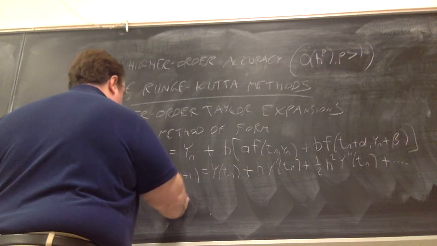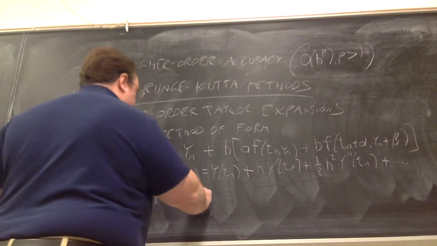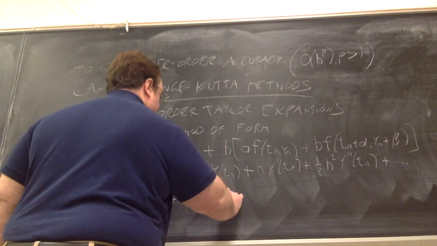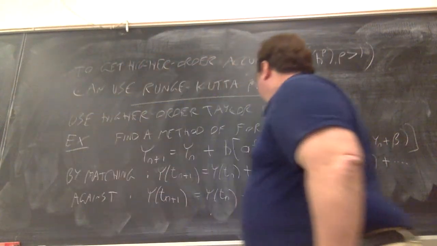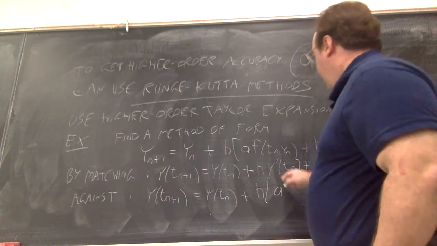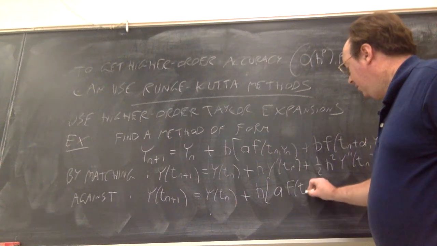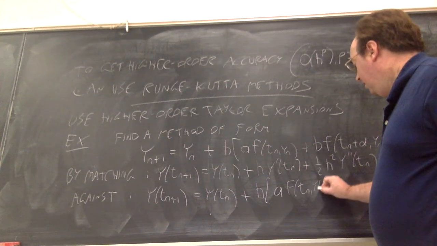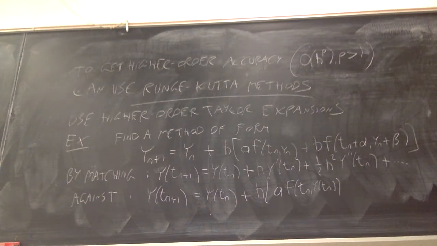So what I have here is, for the method, I'm going to write y of tn plus 1 equals y of tn plus h A f of tn, y of tn. So I'm substituting the exact solution in for the numerical solution.